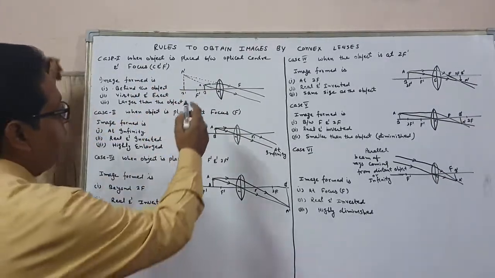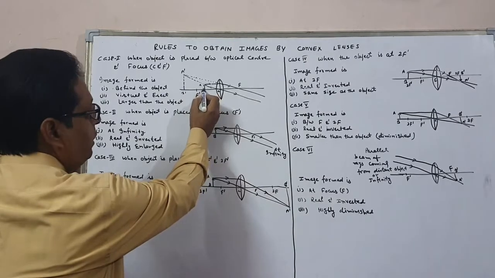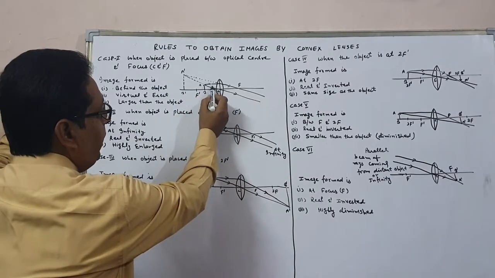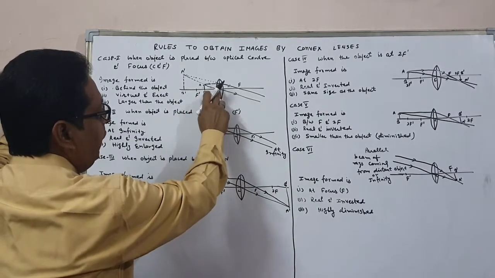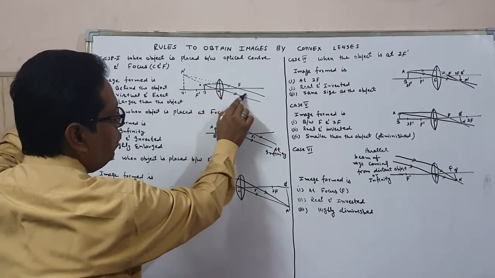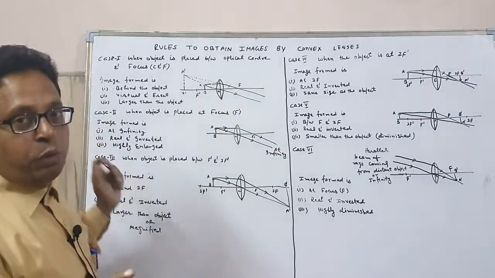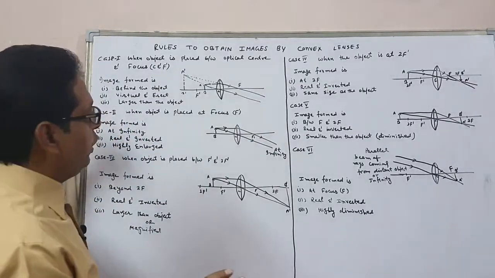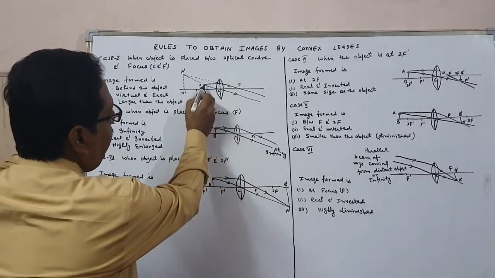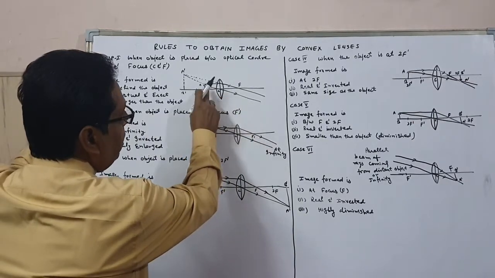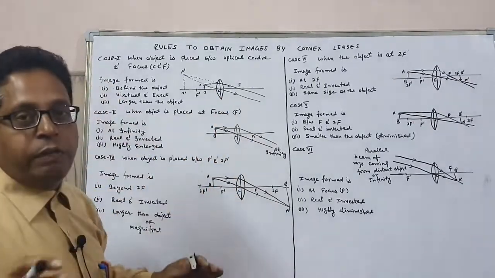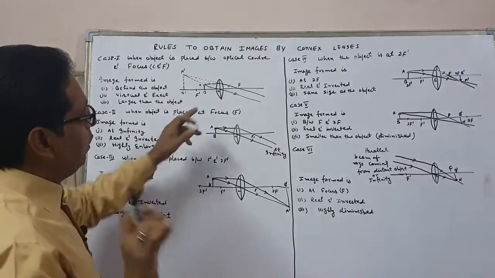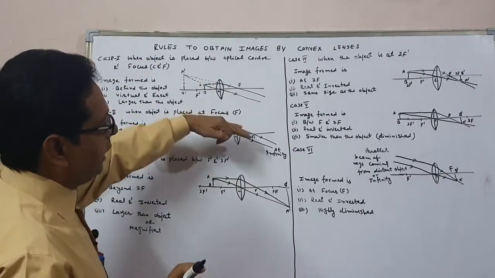As you know, if you draw, this is your object and one ray is parallel to the principal axis, and after refraction it will pass through the focus. That is the first law which we did in the previous video. One ray will pass through the center, and the ray passing through the center is no longer refracted, it will go straight.